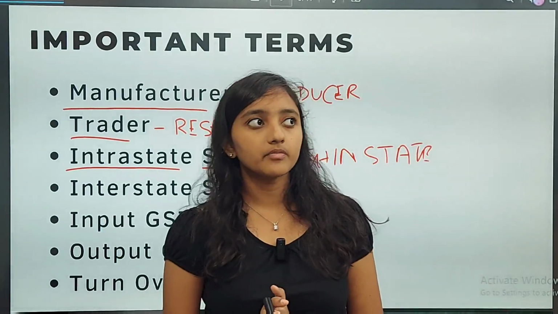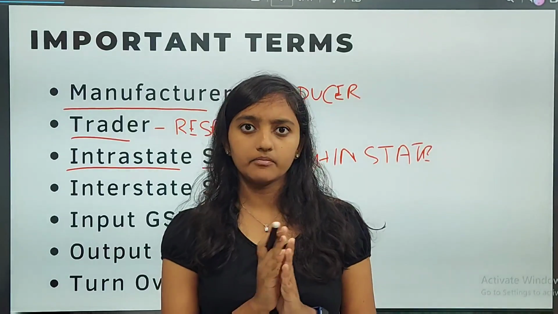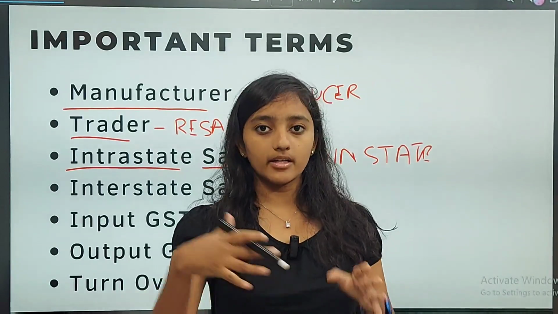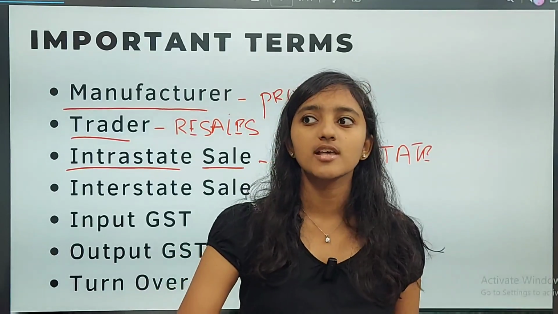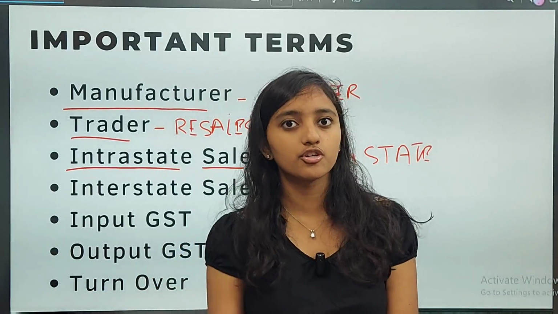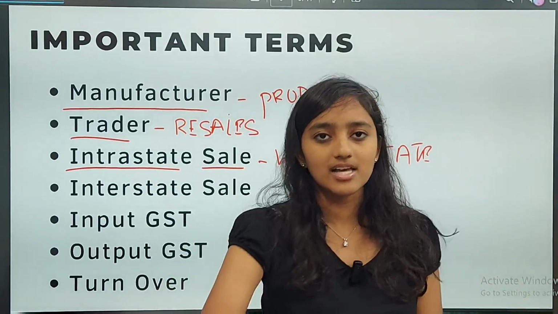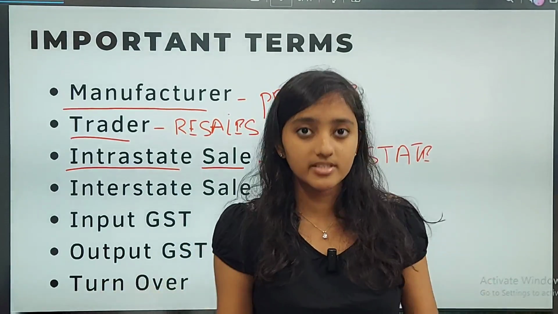For example, there is a tuition teacher and he's having a business. A local tuition teacher teaches at, say, a particular house, and obviously the people who come to that tuition teacher, since it's an offline tuition, are all students who live in the same locality, obviously within the same state.